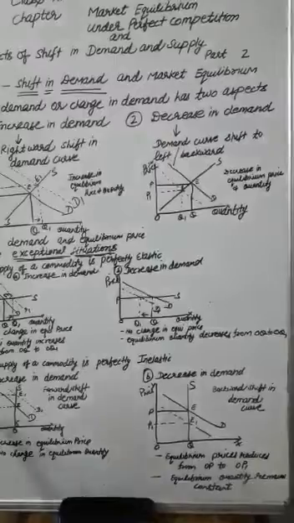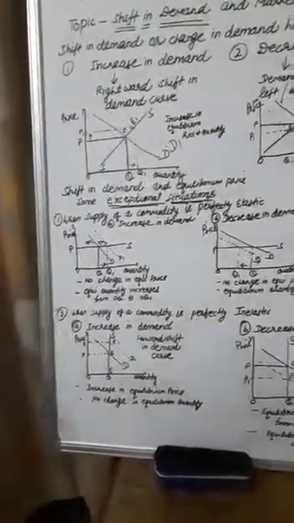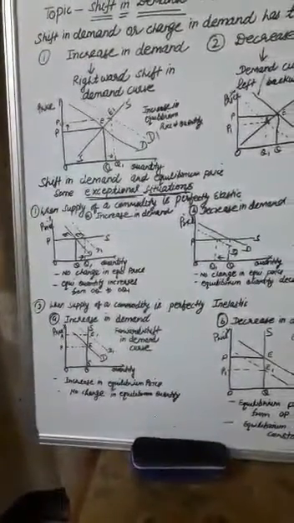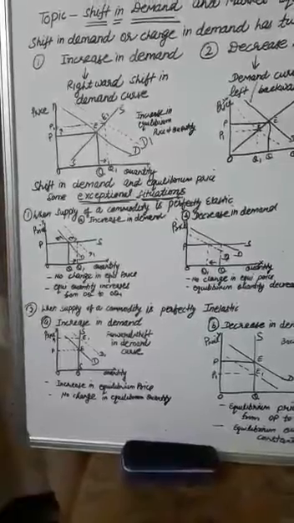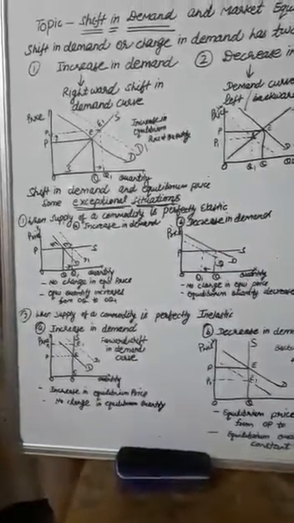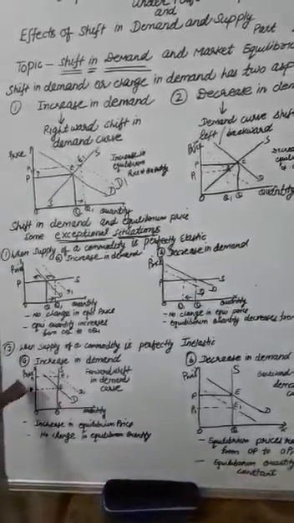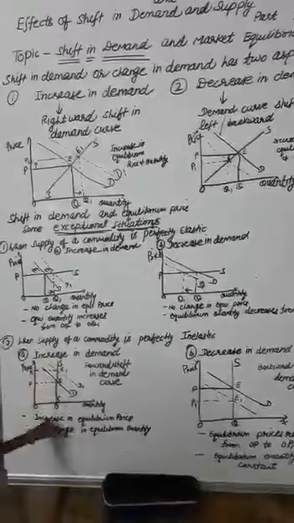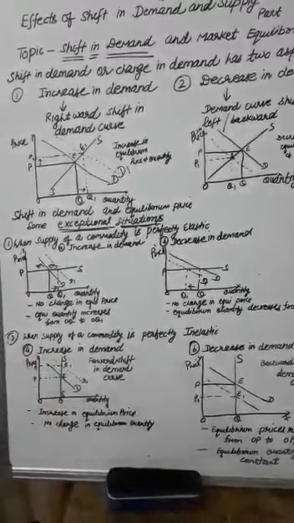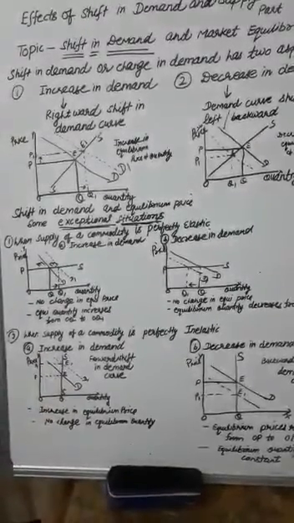Now, exceptional cases also include when supply of a commodity is perfectly inelastic. In this case also there may be two situations, increase in demand and decrease in demand. Now you look at the diagram. SS is the supply curve which is perfectly inelastic.